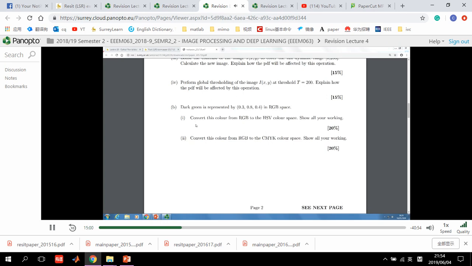M is 1 minus green minus K over 1 minus K. So that works out as being 0.